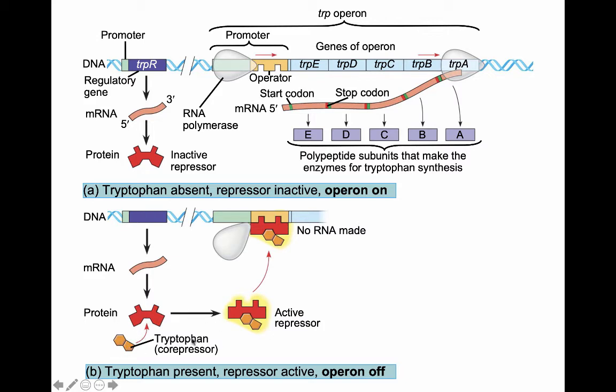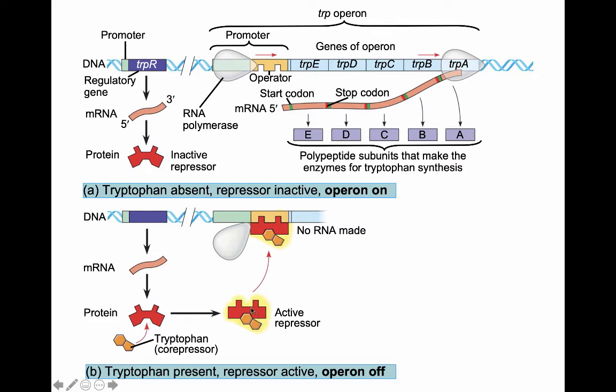If there's lots of tryptophan in the cell, the repressor protein that we talked about in the first part up here, that repressor protein has a binding site for tryptophan. So if there is tryptophan in the cell, some of it will lock on to the repressor protein.